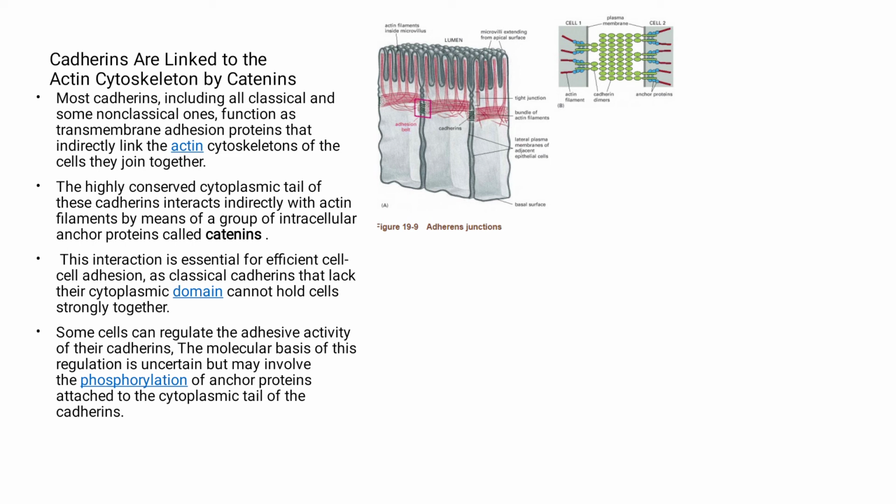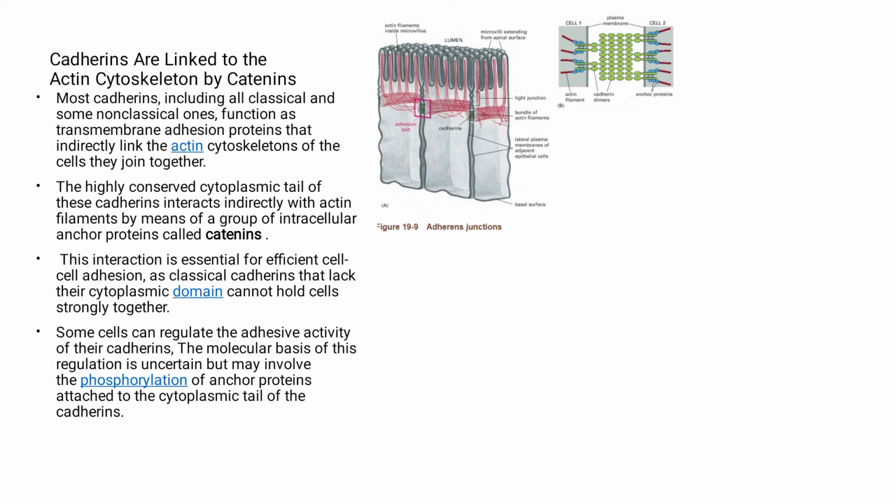The intracellular tails of the cadherins bind to anchor proteins that tie them to the actin filaments. These anchor proteins include alpha-catenin, beta-catenin, gamma-catenin, also called plakoglobin, alpha-actinin, and vinculin.